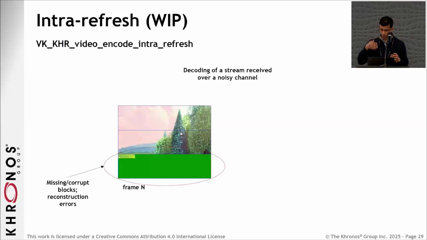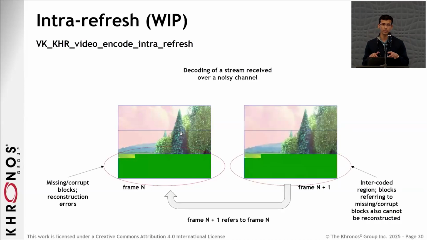And if you end up losing that, then the next frame that you decode, you also end up losing a chunk of the information there because the data that it was referring to is no longer available. And the same problem can happen for frames later, n plus 2 and so on, if they have some of the same patterns in the sequence.